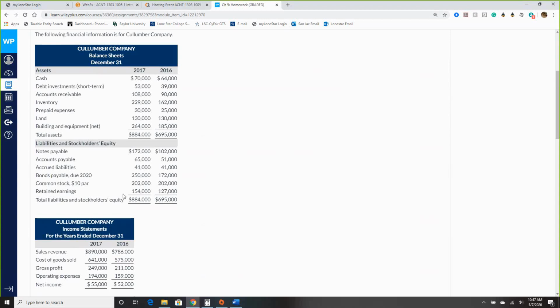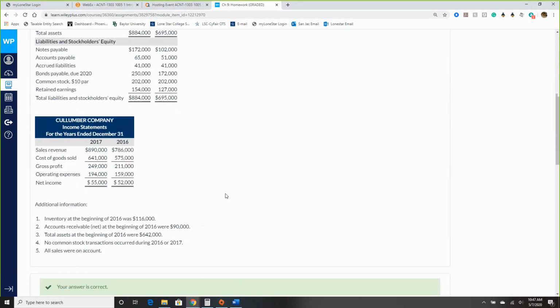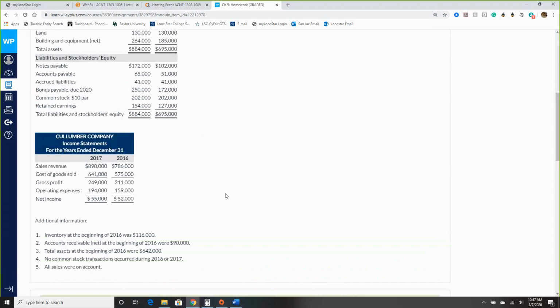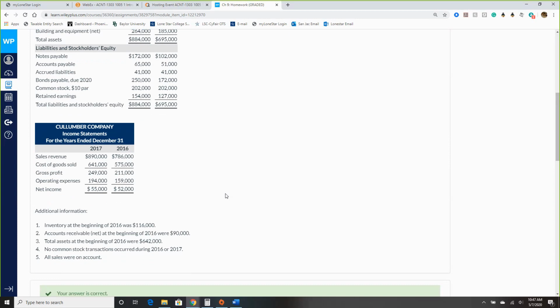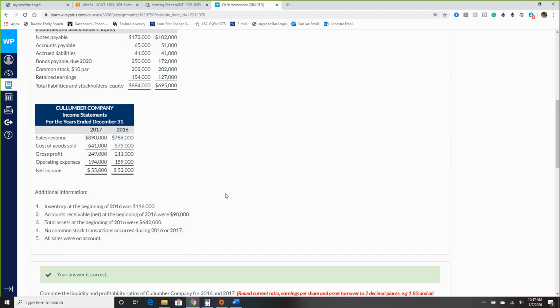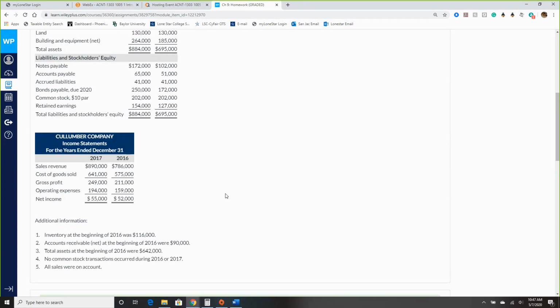Problem is, we also have to figure out retained earnings for 2018. So, I don't see any dividends. Since I don't know 2018, we don't know if any dividends were issued. We're going to keep the retained earnings with just adding net income.